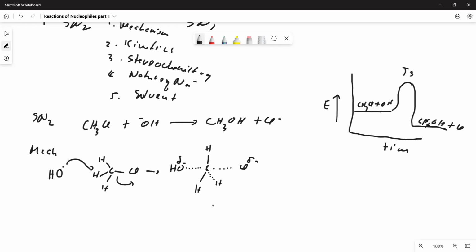This is a very unstable situation because the carbon is bonded to five groups, so that raises the energy up to the critical point, the transition state. When the chlorine finally leaves and the nucleophile is attached, the tetrahedral structure is recovered, but there is inversion of configuration, as you can see.